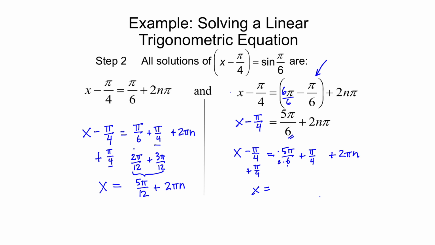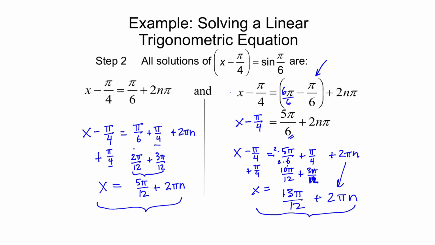Here I need to multiply the top and the bottom by 2, so that's 10 pi over 12 plus 3 pi over 12, which is pi over 4. Adding those together, I get 13 pi over 12 plus my 2 pi n. So these are the infinite solutions that I have here.